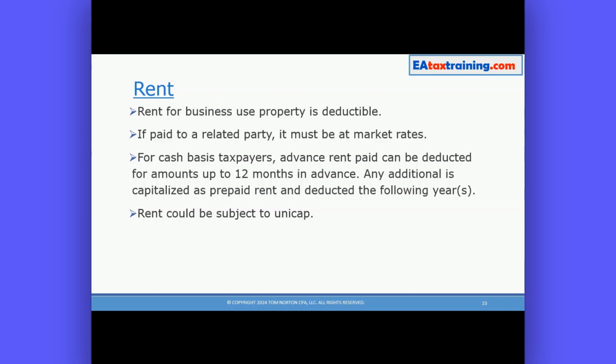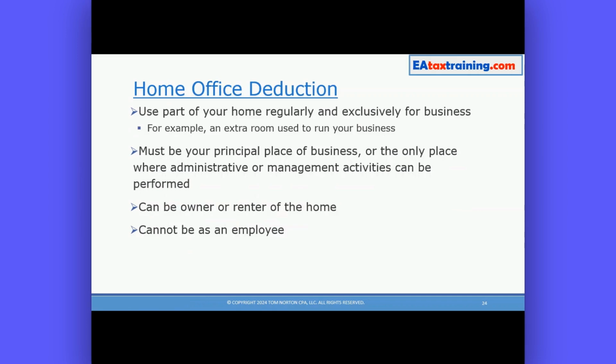If you're a cash basis taxpayer, you can only deduct it for up to 12 months. So even though you paid it all this year, if you paid 3 years of rent in advance, you can only deduct 1 year this year, then you can deduct another next year and another the year after. And then rent could also be subject to UNICAP.